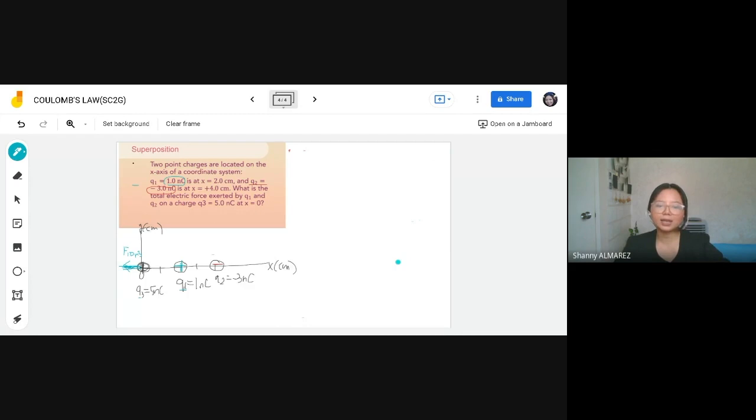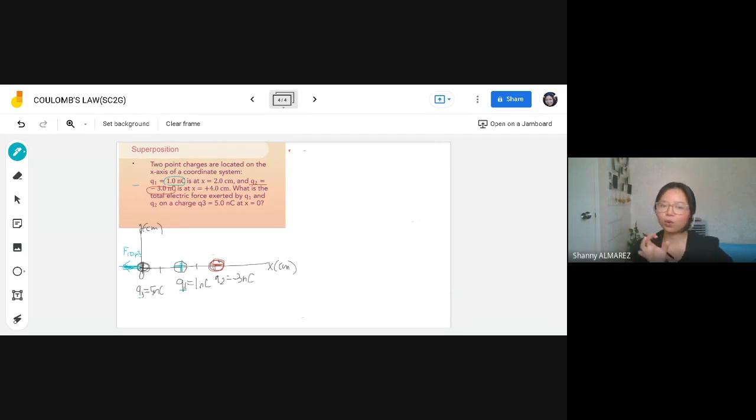How about the second charge? F2 on 3. Pasaan siya? F2 on 3 is what type of force and pasaang direction?